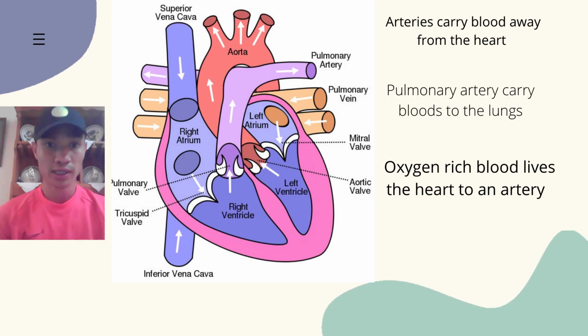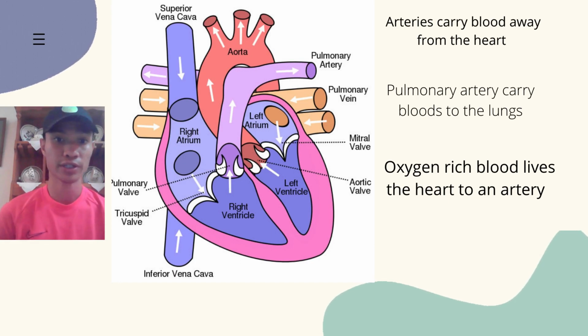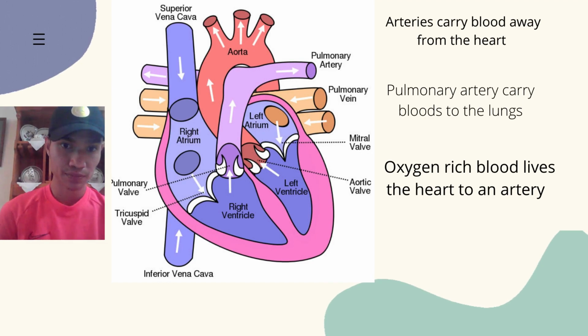Okay, as I have mentioned in the previous slide, what is the function of the left ventricle? If you still remember, the answer is simple. The function of the left ventricle is to pump blood out to the rest of the body.